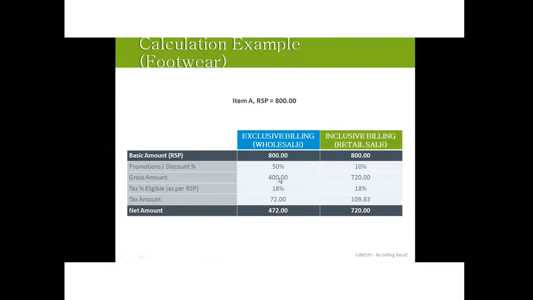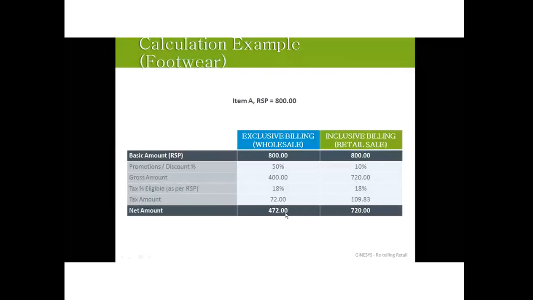On this 400, the tax percentage will be charged at 18% and not 5%, since the tax percent eligibility is as per RSP. So 18% will be charged since RSP is 800. Accordingly 72 rupees will be calculated and the total will be 472. This was exclusive billing, that is wholesale billing.